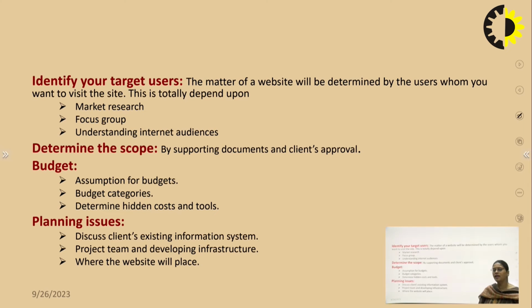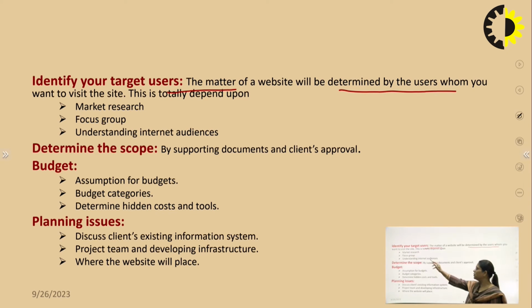We have to identify these objectives for when we create web applications for the users. First of all, we have to identify the users: for what users we want to create the web application, and what type of community is available for that particular web application. The purpose of a website is determined by the users you want to visit it.